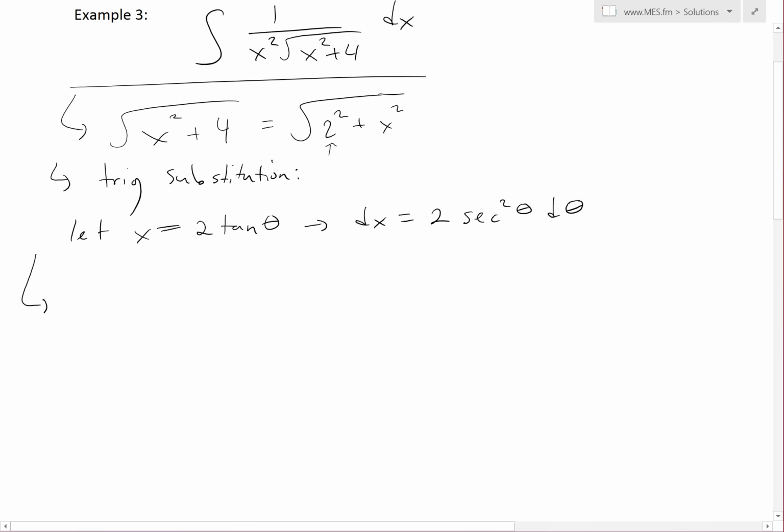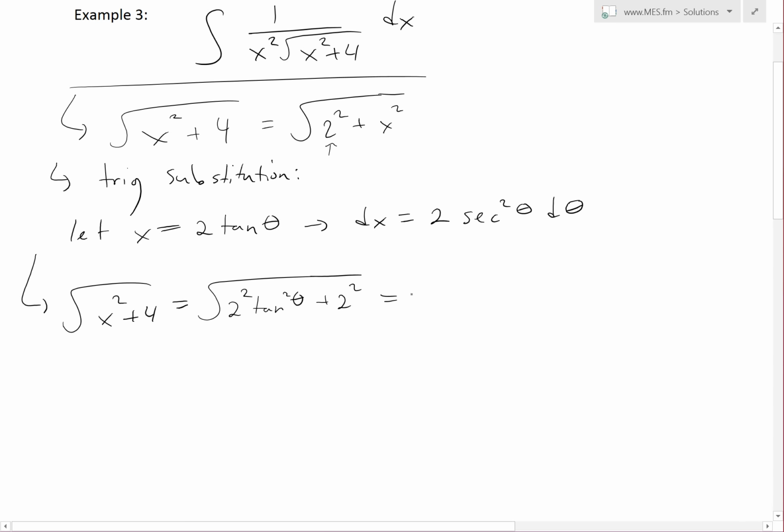Now x squared plus 4 becomes 2 squared times tan squared theta plus 4, which is 2 squared.